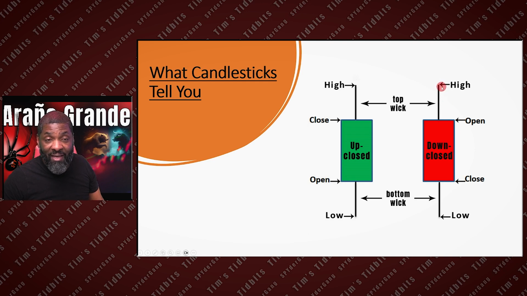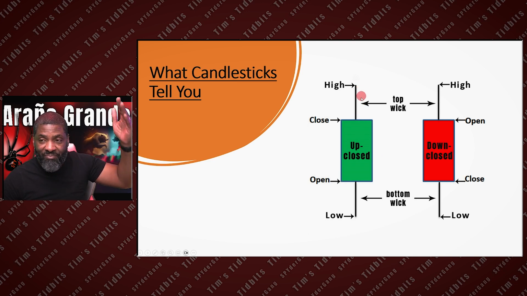You got the high, you got the low, and you got the close. The only difference between the two is the open and the close. On down close, we close down or lower than we open. On the up close, we closed up or higher than we open.